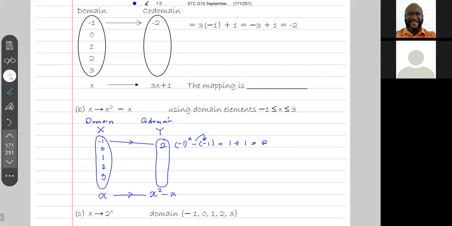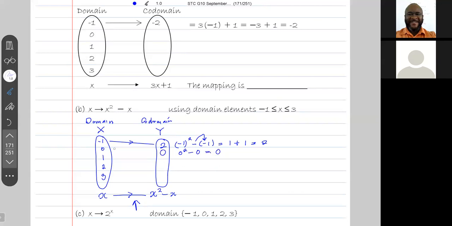All right, so let's go for 0. Remember, this statement tells me what to do. It's telling me that x in the domain is mapped to x squared minus x in the codomain. So in other words, I must square the value of x and then minus the value of x. So this is 0 squared minus 0, which basically is still what? 0.